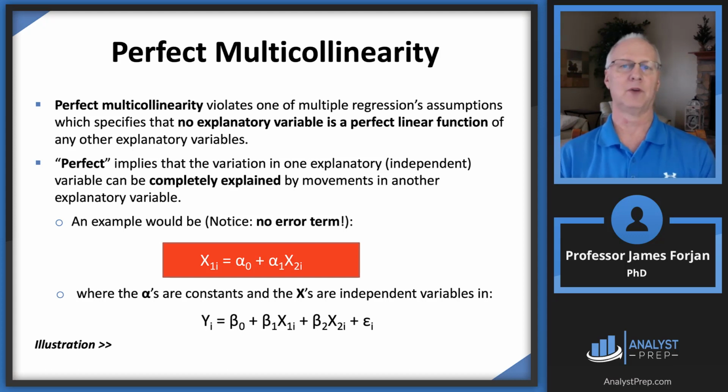Now, perfect multicollinearity is a scenario under which the two x variables are perfectly linearly correlated. Let's take just a quick example. Let's suppose that we're trying to determine the returns on a portfolio of call options.